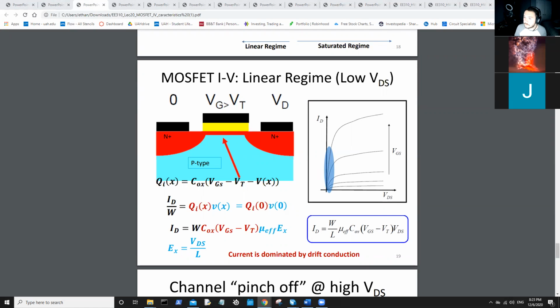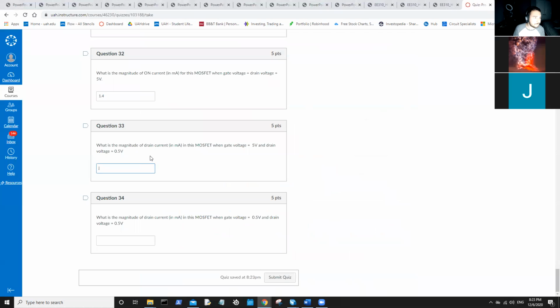Yeah, that's what I wrote last time. And then times the gate minus threshold, which is still the same, 5 minus 0.94. But as opposed to squaring this parameter, now we multiply it by 0.5 volts, our given drain voltage for question 33.